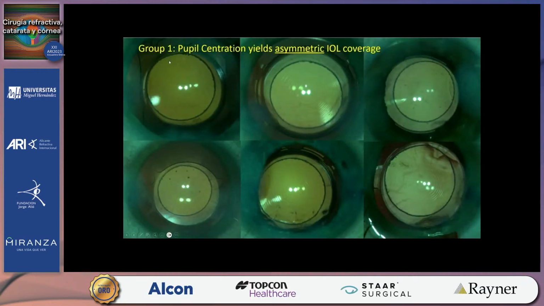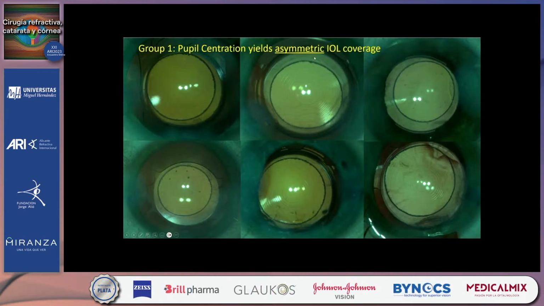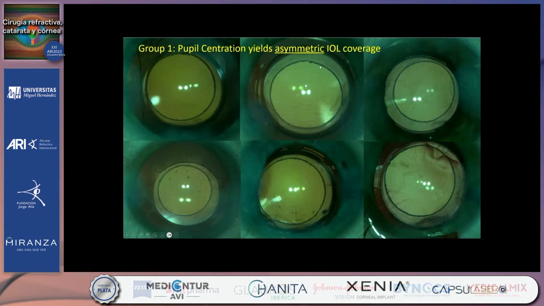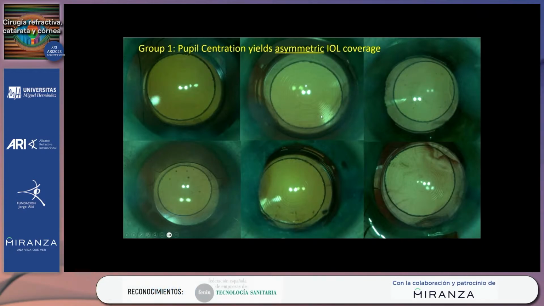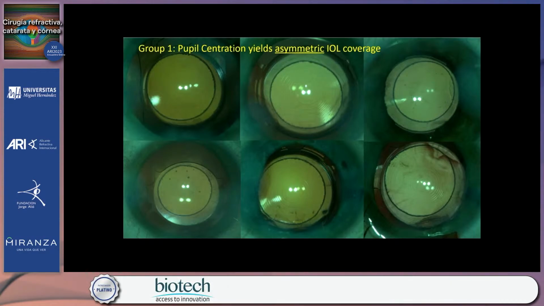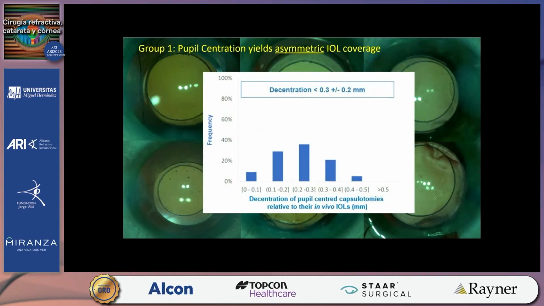So now if we use group 1, we have asymmetric IOL coverage. We have IOL coverage in all situations, but we actually see the decentration, and it's somewhat random. It's not predominantly nasal or superior, it's kind of all over the place, and this may well be due to the fact that the pupil dilates asymmetrically and there isn't a strong anatomical preference.